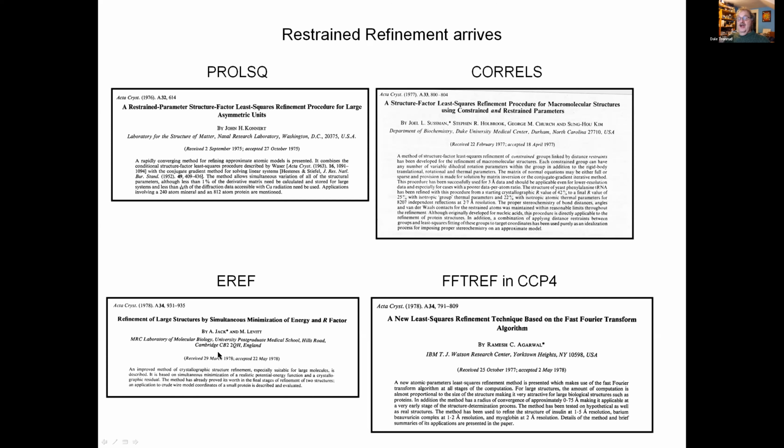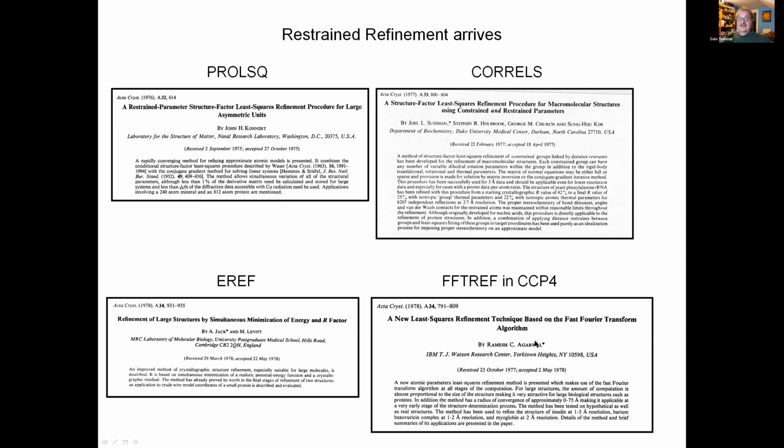EREF was the first program to use an empirical energy potential and to say we need to have a minimum energy structure as well as one that fits the data. It was collaborative work between Tony Jack and Michael Levitt. And FFT-REF was a British production. Agarwal was at the IBM Center, but it focused mainly on using these FFTs to optimize the calculations.